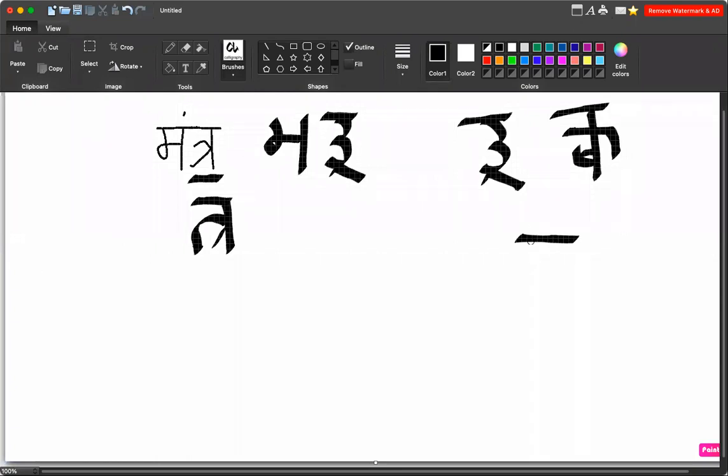These three conjuncts are normally the accepted conjuncts in the Varnmala. So these are the three conjuncts that we had done when we had done the Varnmala, right? So tra is a part of that.